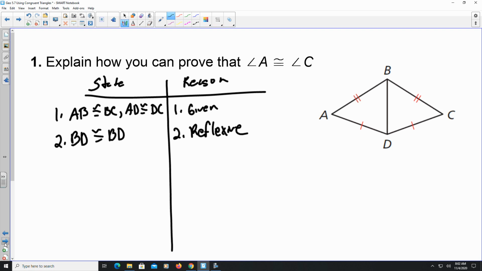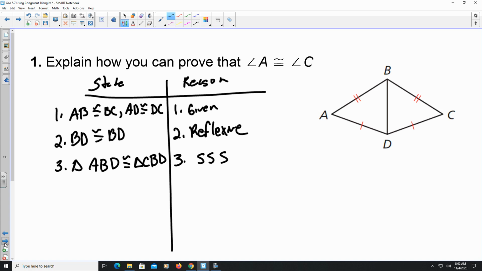So I can now say that triangle ABD will be congruent to triangle CBD because of side, side, side congruency. Okay, now that I've showed that those two triangles are congruent, now I can say all the corresponding sides are congruent.